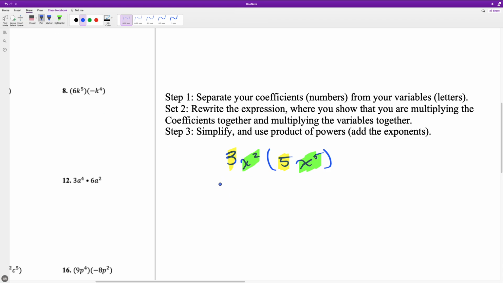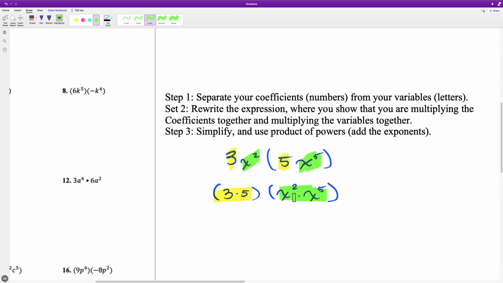I'm going to multiply together 3 times 5, which is my two coefficients. That's why it's in yellow. And then I'm going to multiply my variables with exponents, and I'm going to highlight those green, because I'm using the color code.